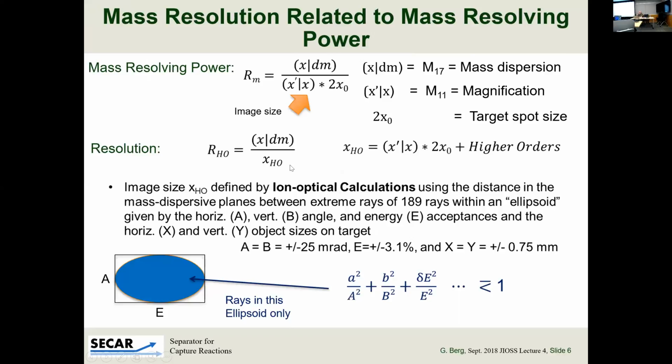So how do we find the resolution, or how do we find the X0, including the higher orders? We have to make higher order calculations, and we have to simulate the emittance of the beam by many rays. Ideally, you would have many rays here, but then you cannot calculate in COSY, cannot fit, cannot optimize it.